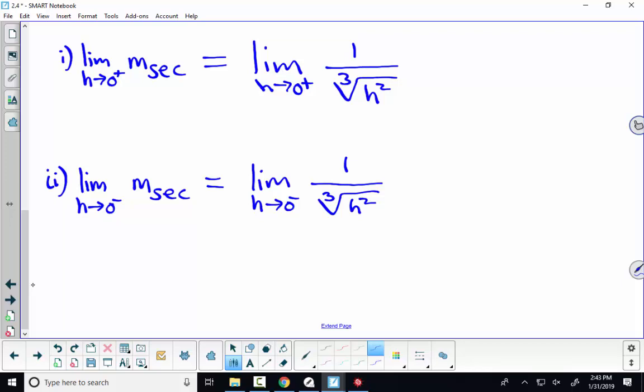That's what we're asked to compute, and then we're asked to also interpret the results. So whatever those limits equal, what are we computing here? The instantaneous rate of change, right?